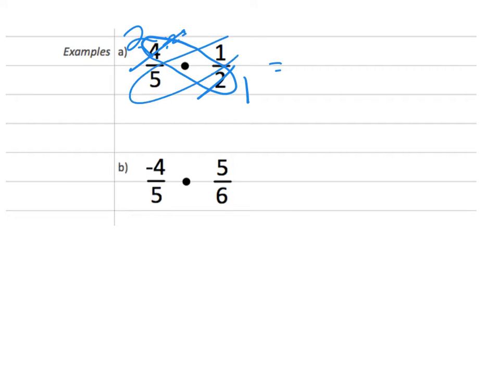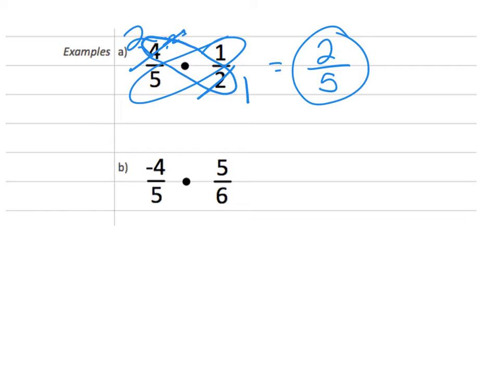Can we simplify 1 and 5? Nope, that stays the same. So we have 2 times 1 across the top is 2. 5 times 1 across the bottom is 5, which is the same answer we got before. So you can just go straight across and multiply and then simplify, or you can cross simplify first. I generally do that first.